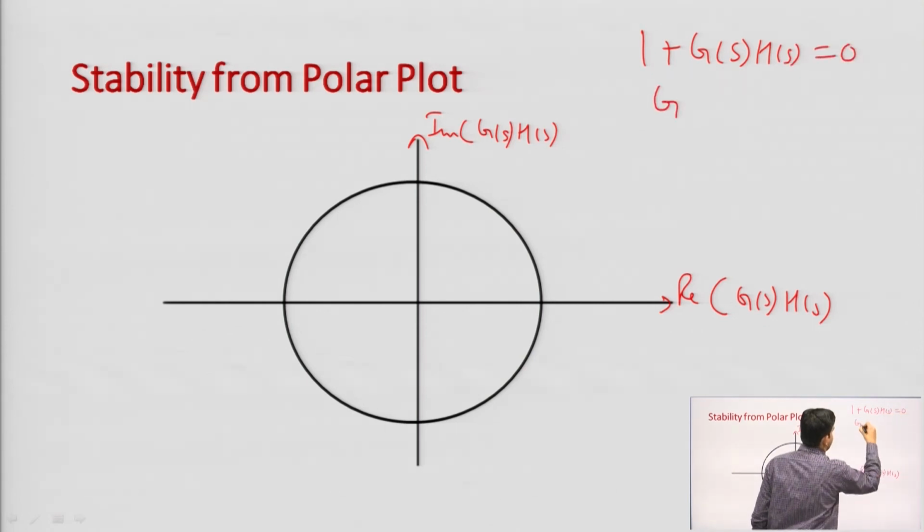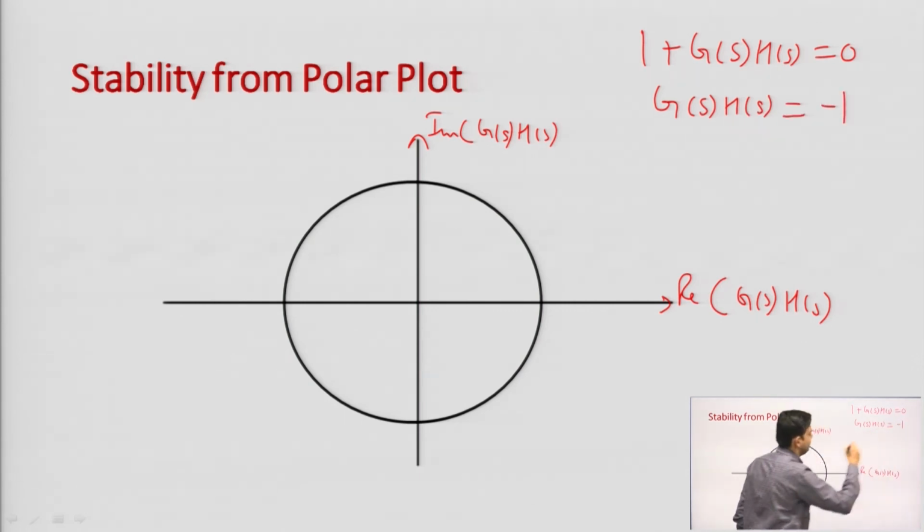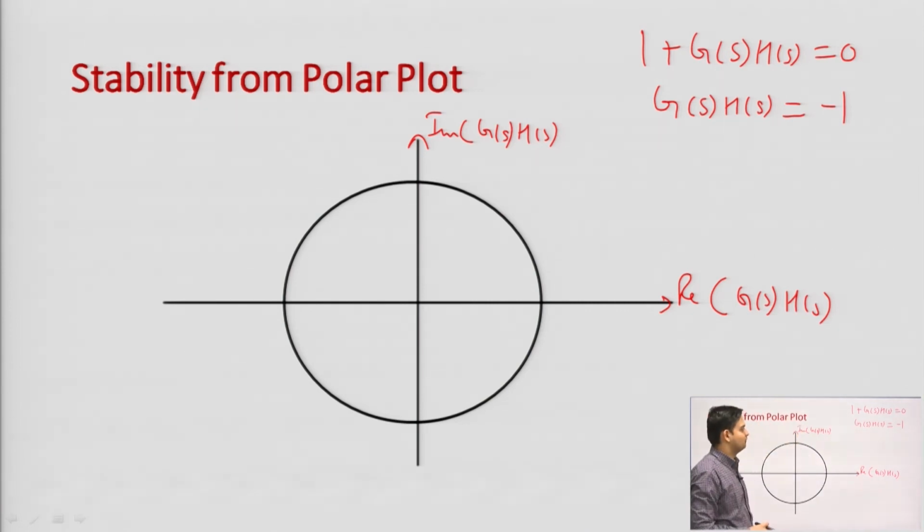From here we can write G(s)H(s) equal to minus 1. So, this is the critical point that we discussed in the last session for the polar plot, right, and this critical point will help us in determining the stability of the system, right. So, for that purpose I will mark this critical point here as minus 1 and then I will make a circle like this.